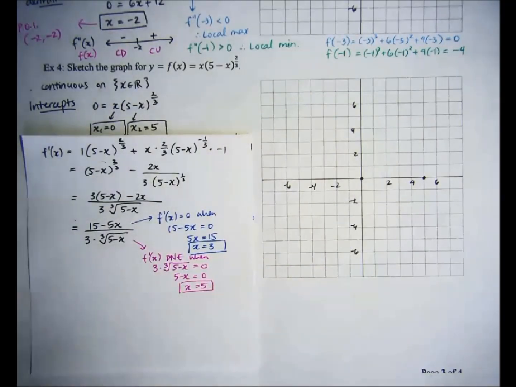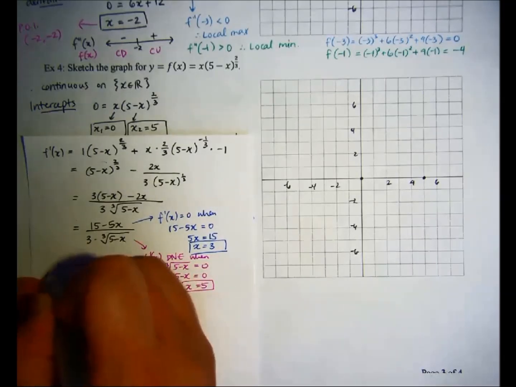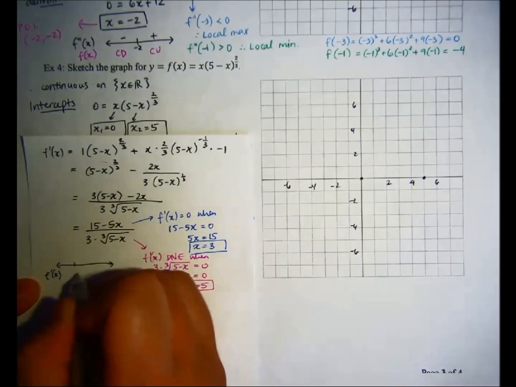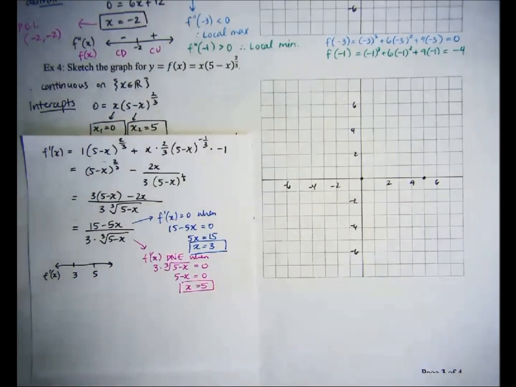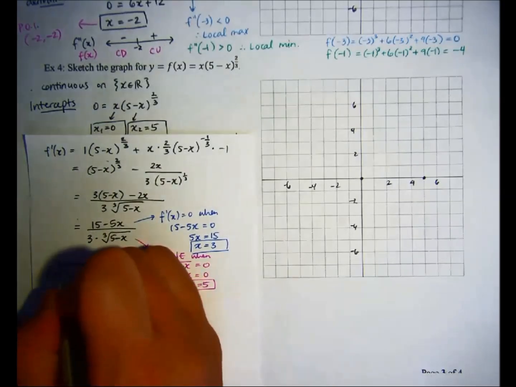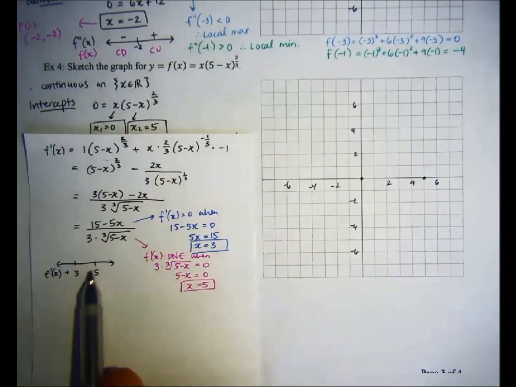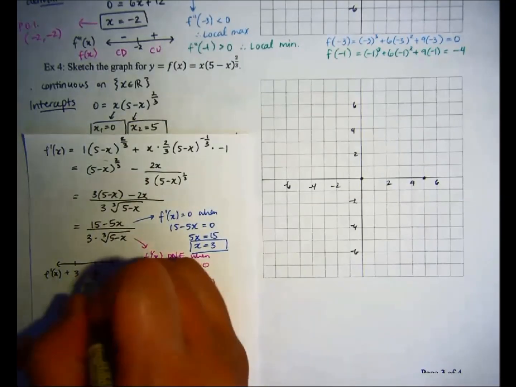Okay. I'm just going to create a number line at this point just to see what my intervals of increase and decrease look like. So here's 3, here's 5. If I choose a number like 2 and I plug it in here, then positive, positive, so overall positive. A number like 4, positive, negative, and then positive, so that'll be negative overall.